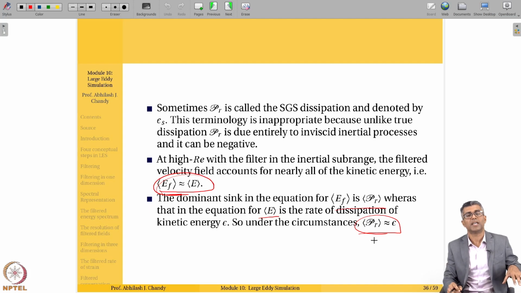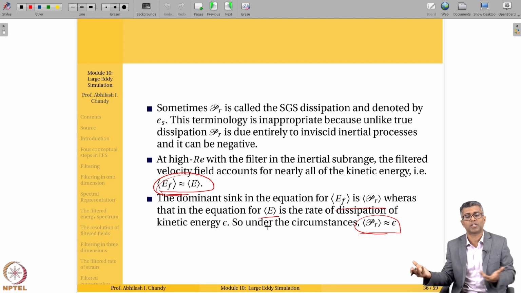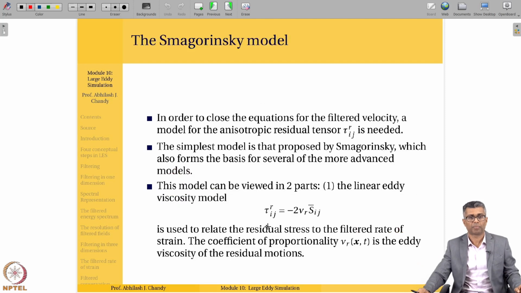So whatever is the transfer is equal to the dissipation, because keep in mind the dominant sink for EF is PR, whereas in the equation for E, it is the rate of dissipation of kinetic energy, which is just epsilon, and that PR has to be equal to epsilon. You understand what I mean?